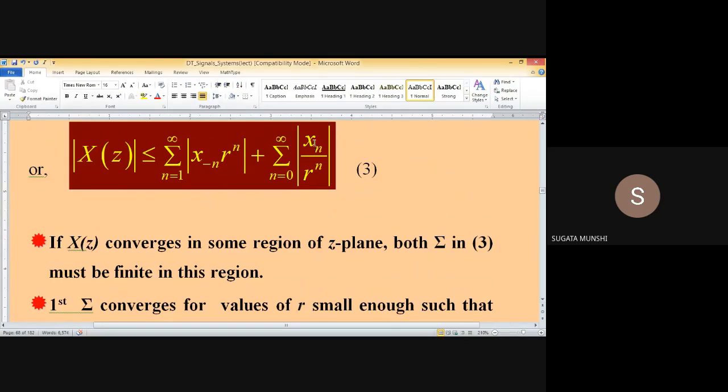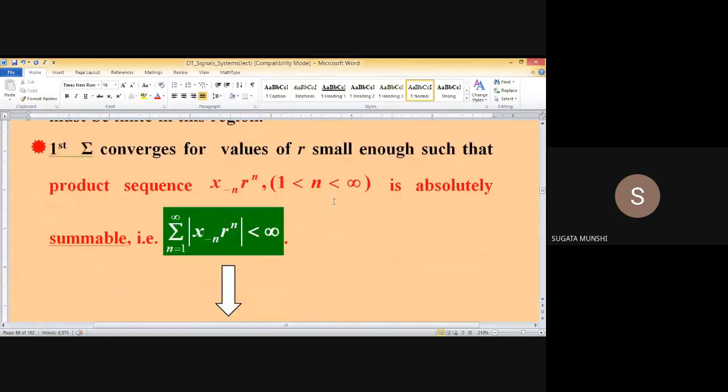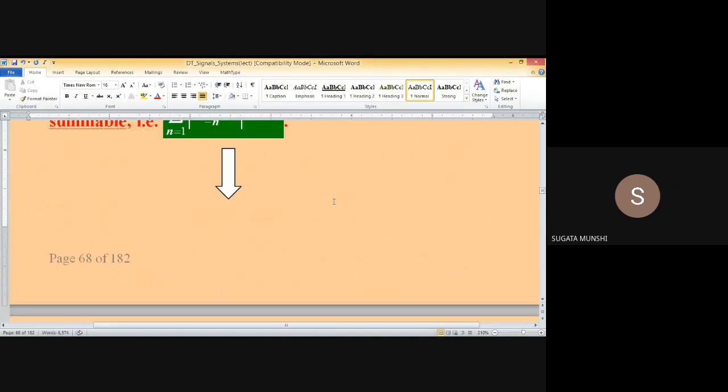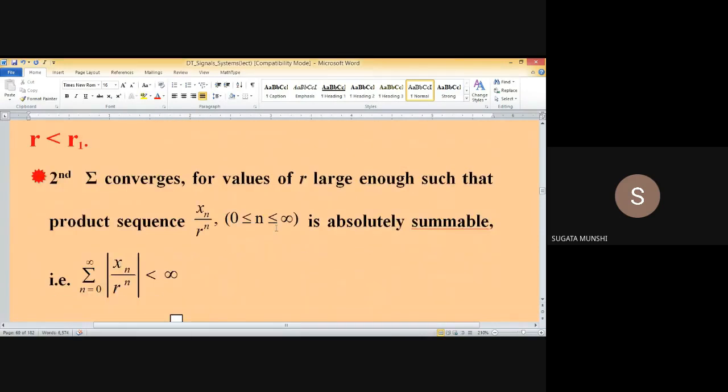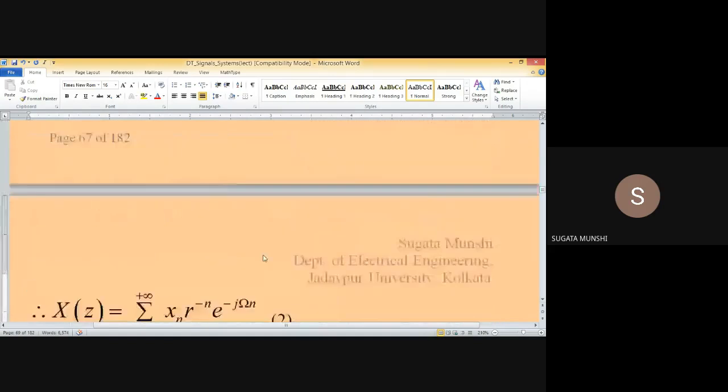What is the condition for convergence of the second term? It will converge for values of magnitude of r that are large enough, so that the product sequence is absolutely summable. So that's two different situations. Okay, you write down first, then I'll proceed.